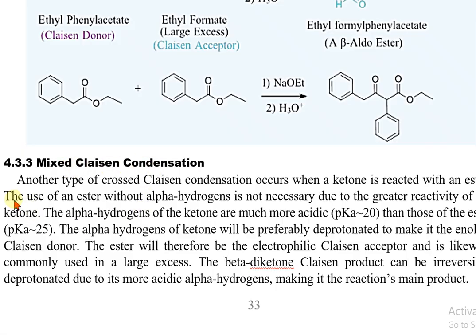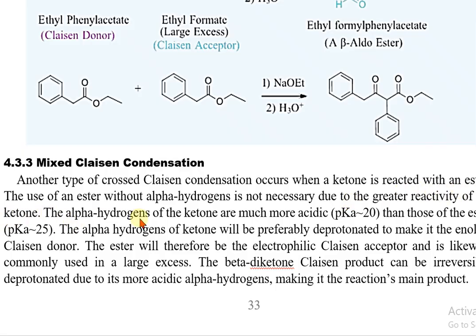The use of an ester without alpha hydrogen is not necessary, due to the greater reactivity of the ketone. If the ketone and the ester both have alpha hydrogen, no problem, because of the greater reactivity of the ketone.